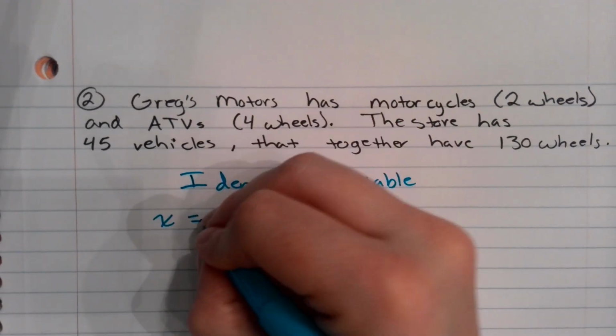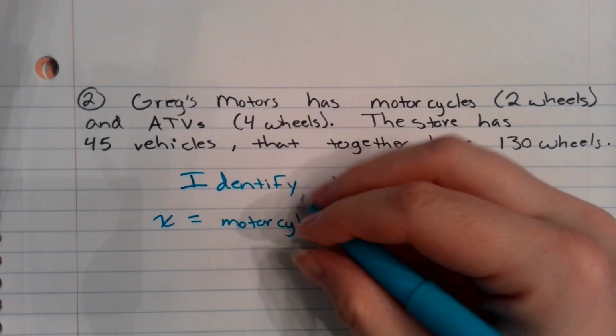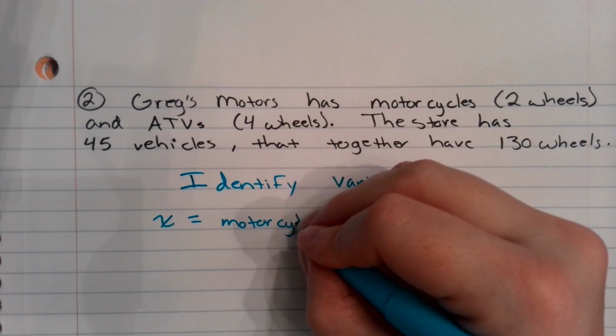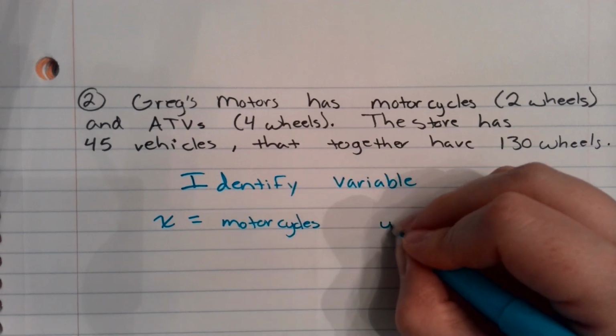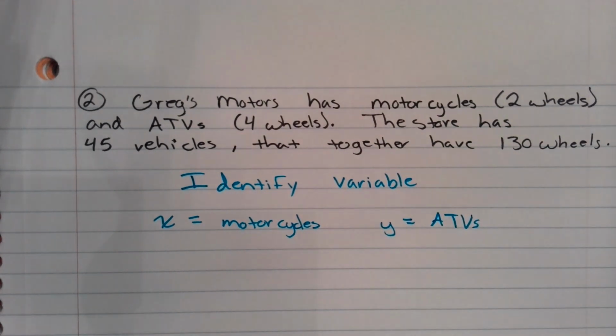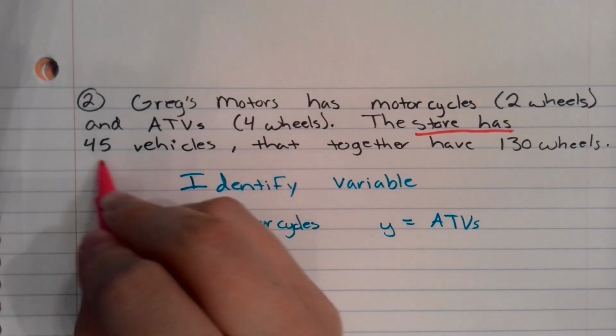So for me, I'm going to go ahead and say X is motorcycles. And that Y is going to be my ATVs. So X is motorcycles, Y is ATVs. All right. So the first thing I know is, hey, the store has 45 vehicles.